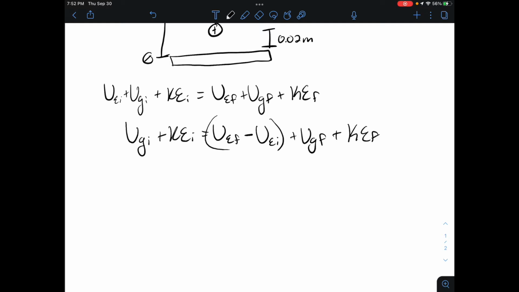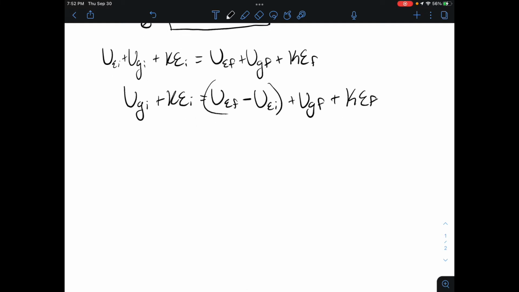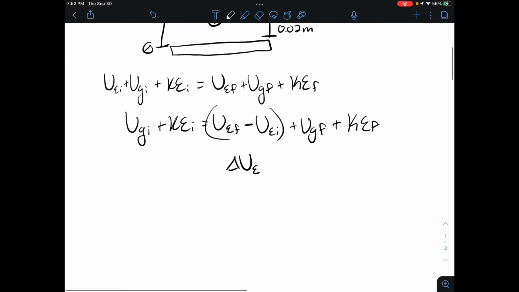If you look at this, electric final minus initial is just our delta U, electric. Plus UG final plus KE final, and UG initial plus our KE initial. Those are equal.